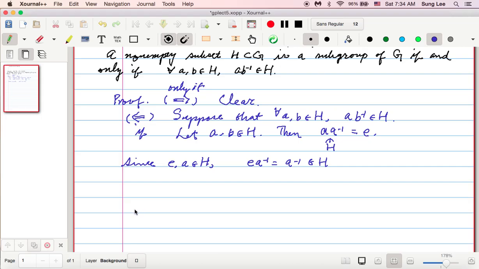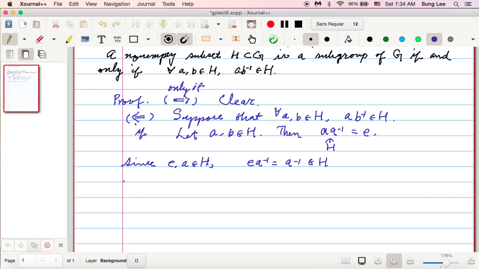Right. So we just need to show one more thing, right? For any two elements in H, A times B has to be in H. In other words, the subset H is closed under the inherited operation. So here A, B are elements of H, right? And in this case, we also know that B inverse is in H. We proved it just now.